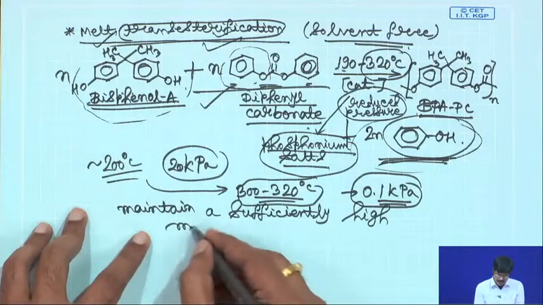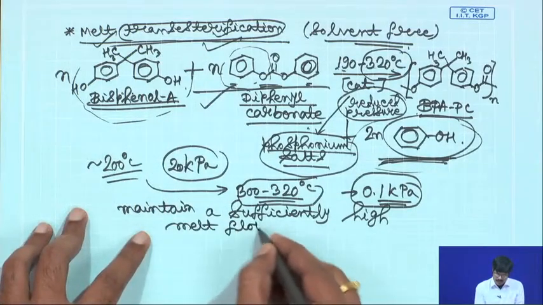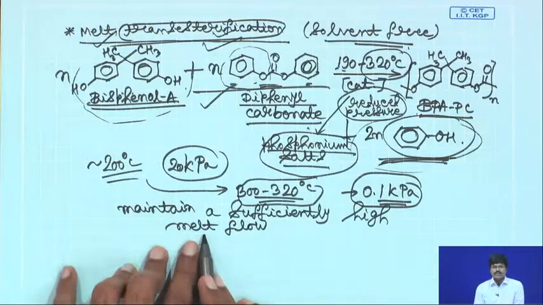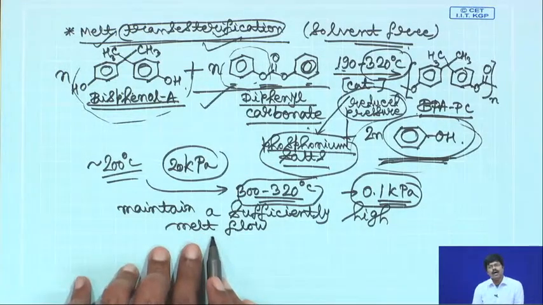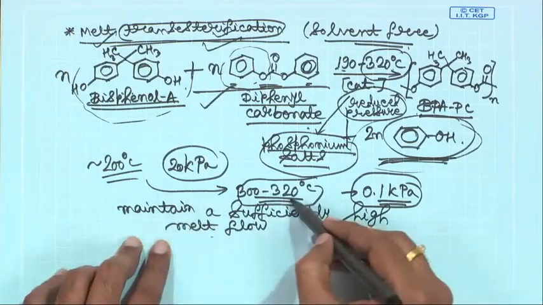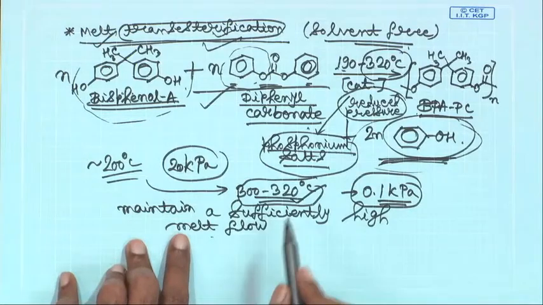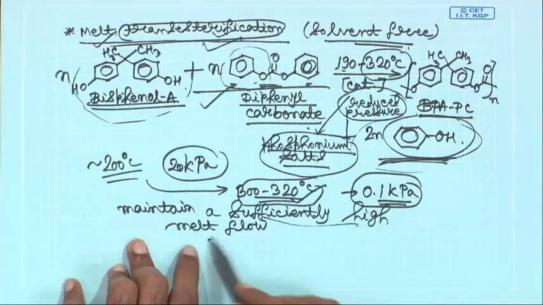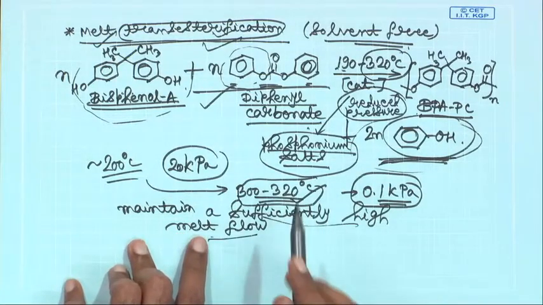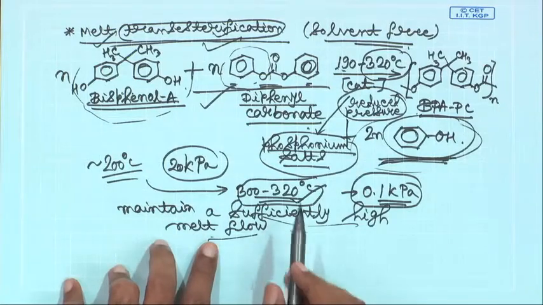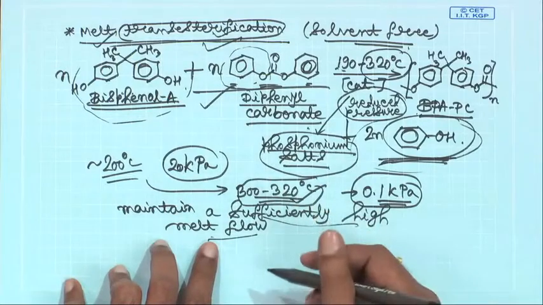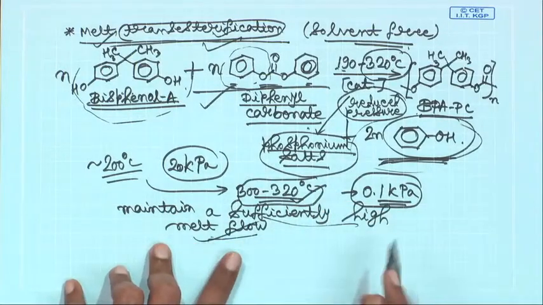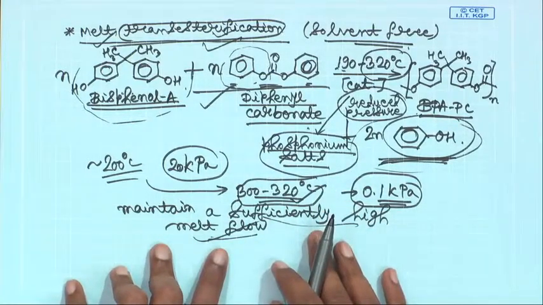So, maintain a sufficiently high melt flow, because the melt viscosity will go up as the temperature is going down. If you go up in temperature, the viscosity will go down. So, unless you go to this much high temperature, the melt will become very thick. So, in order to have a sufficiently high melt flow, you go to high temperature and the pressure must be as low as possible towards the end of the reaction, so as to eliminate the phenol from this viscous melt.